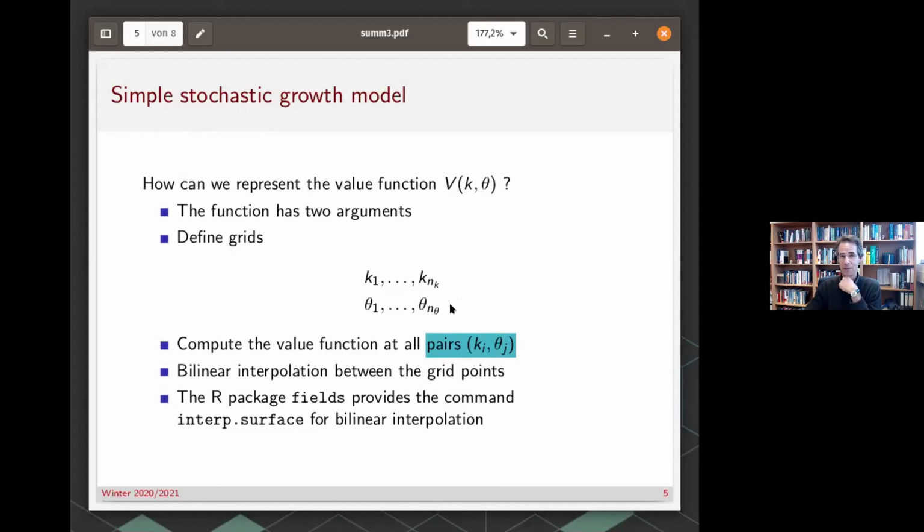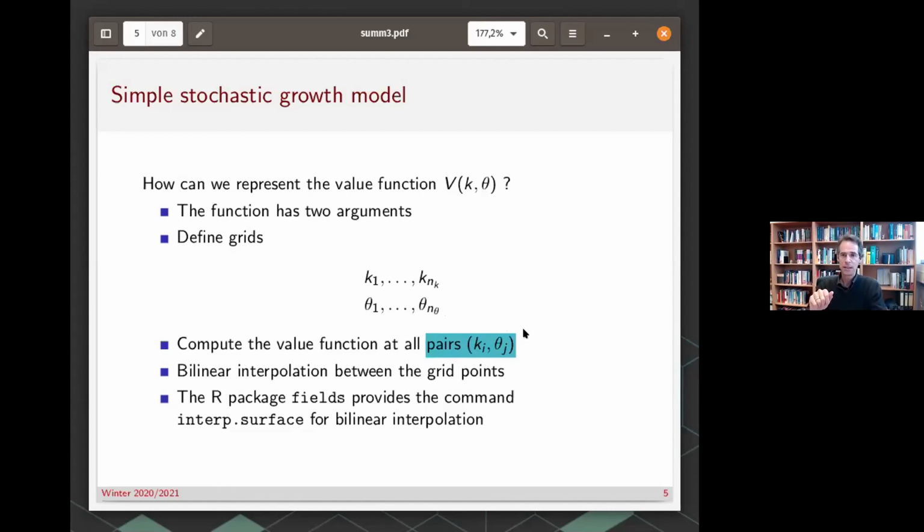And if you had a third state variable, again with 1,000 grid points, then you would have 1 billion points. This is why the number of states is crucial for all these dynamic optimization problems. All right, so we compute the value function at all pairs, which means we have a three-dimensional representation.